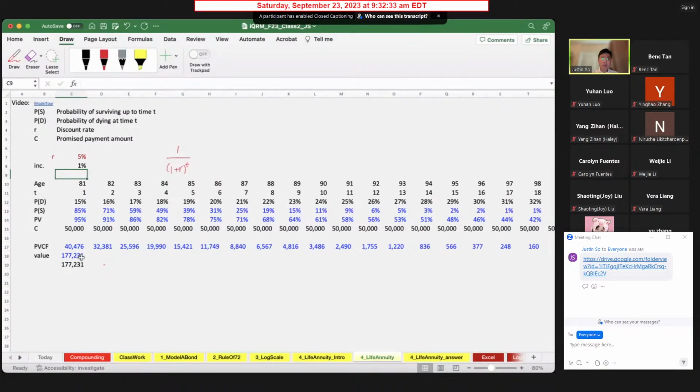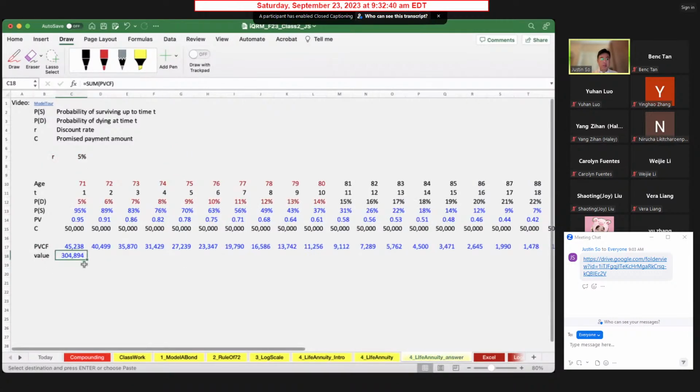So this is the original value, but when we change it to a starting age of 71, the value increased so much. Why? Because you have 10 more years actually to receive, like all year.